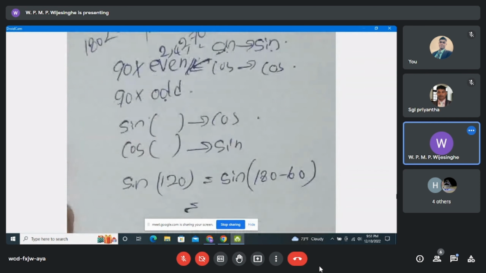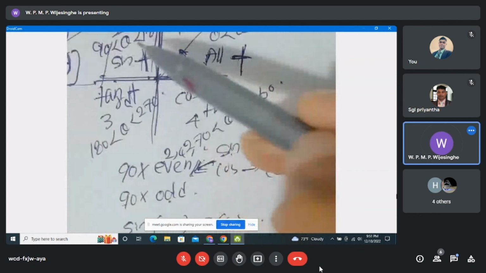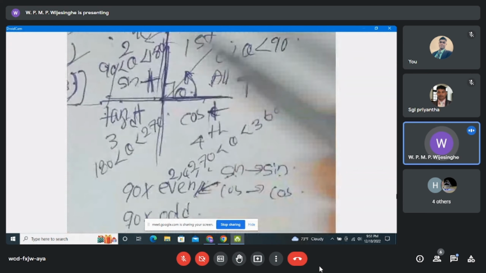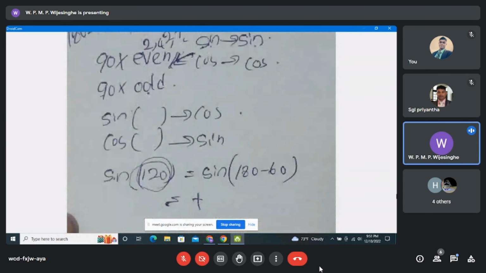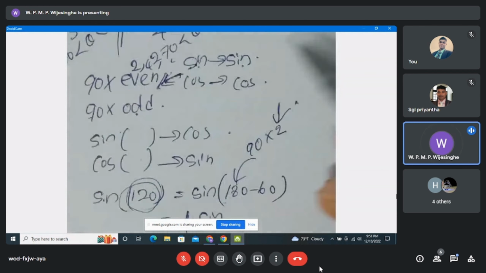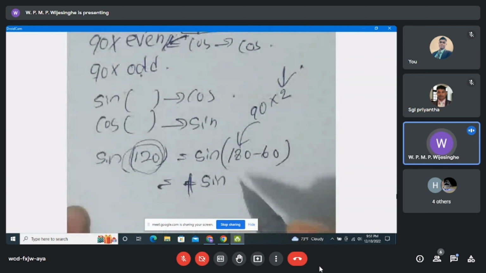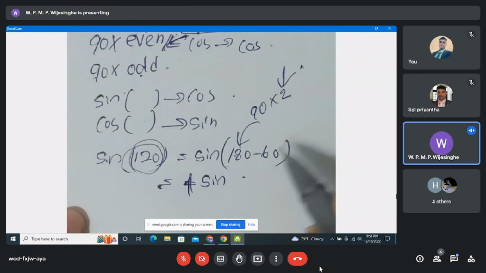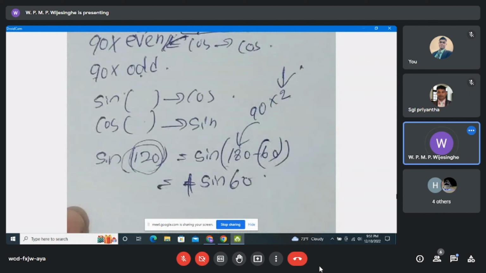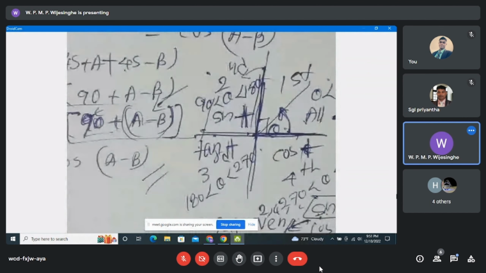Then 120 is in the second quadrant, right? Here the sine value is positive, so it should be plus. Then 180 is 90 times 2. 2 is an even number, so it shouldn't change. So sine, then I can write it by using this acute angle 60, right? This is what happened here.